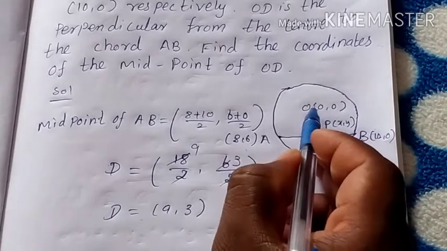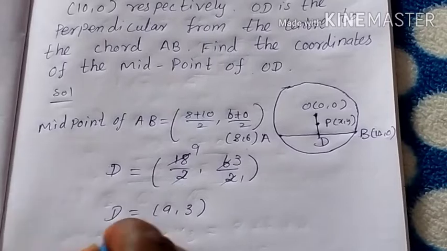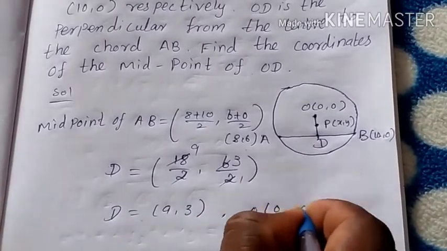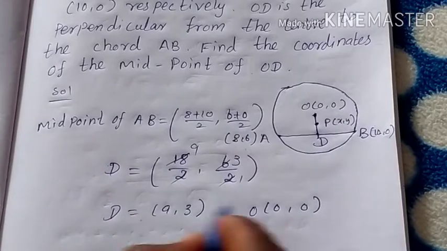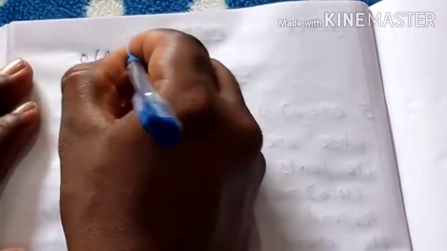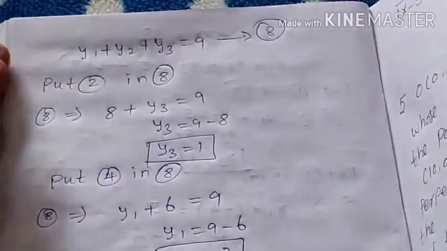Then your question is to find the midpoint of OD. Now we have the point O as (0, 0) and D as (9, 3).